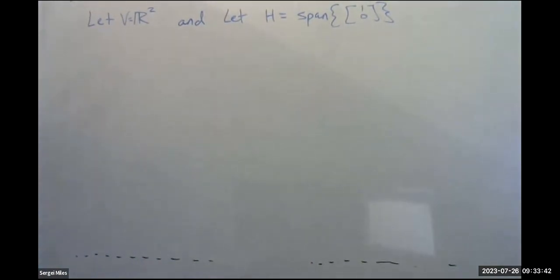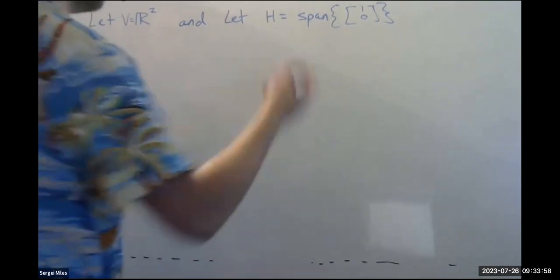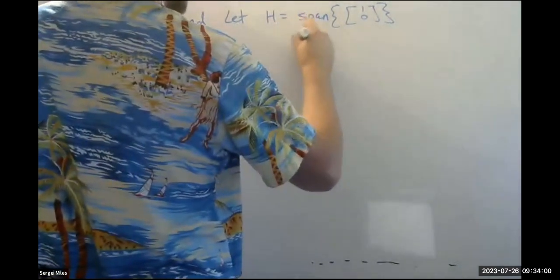Okay, what is this? Remember, span is the set of all possible linear combinations, right? It's an infinite set of all possible linear combinations, except in the case of this example, I only have one vector in here.